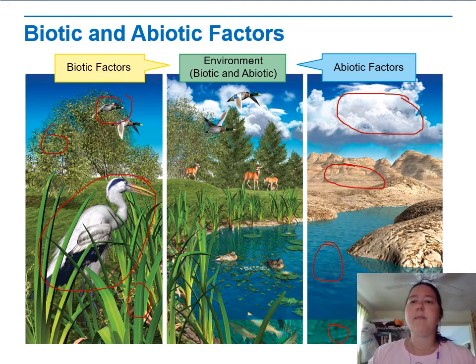The abiotic factors are not living and never have been living. Biotic factors are things that are alive or maybe once alive, so decomposing bodies are also part of the biotic factors.